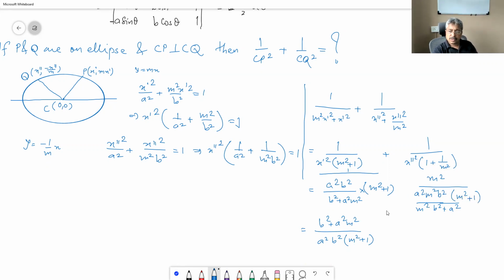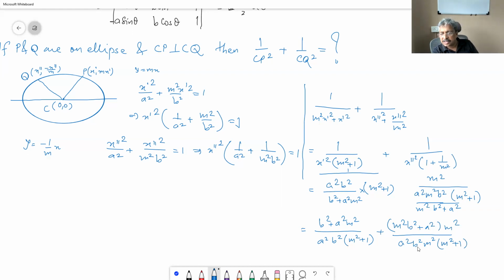This is 1 upon CQ square, which we can write as m square b square plus a square times m square divided by a square b square m square into m square plus 1.